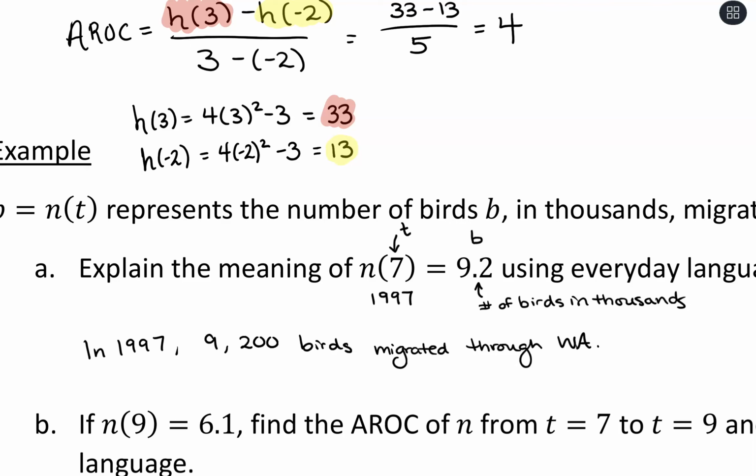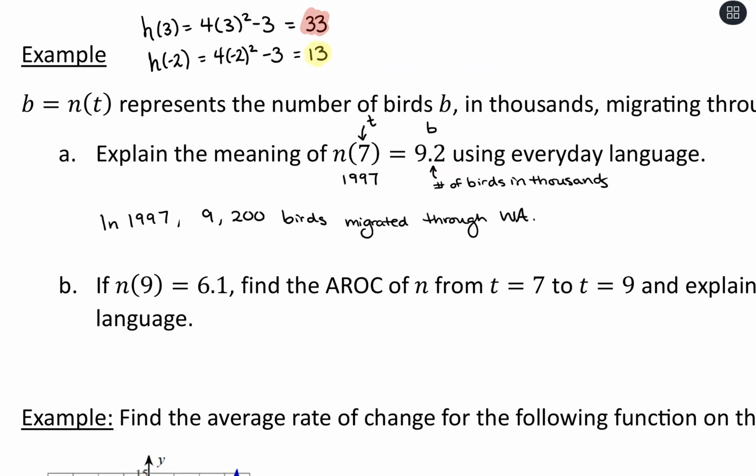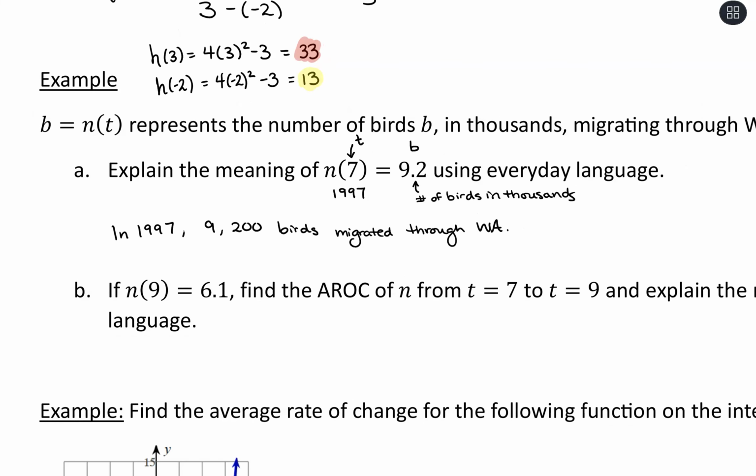Okay, so if n of 9 equals 6.1, find the average rate of change from t equals 7 to t equals 9. So we're looking at n of 9 minus n of 7, and we'll be taking 9 minus 7 in the denominator.